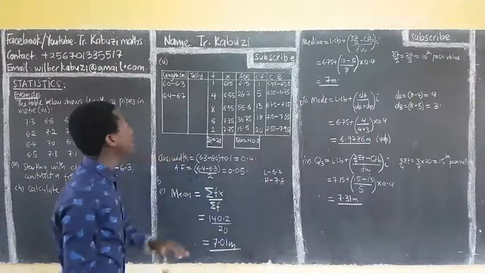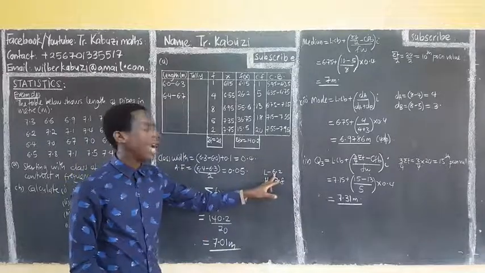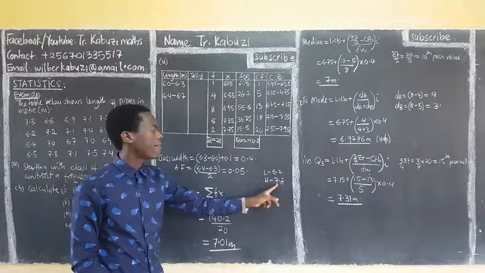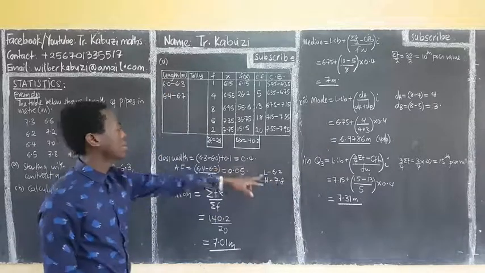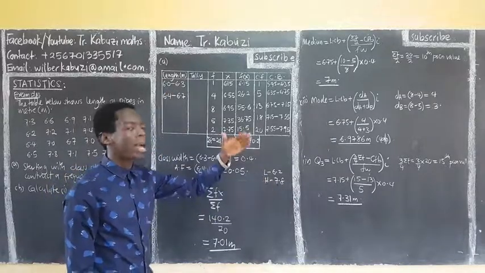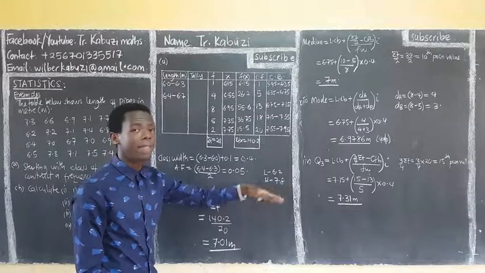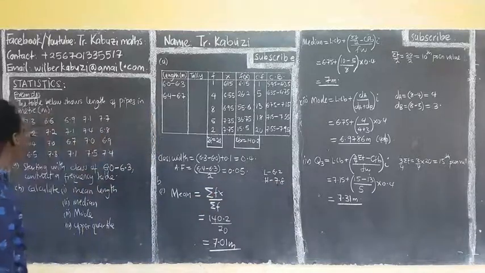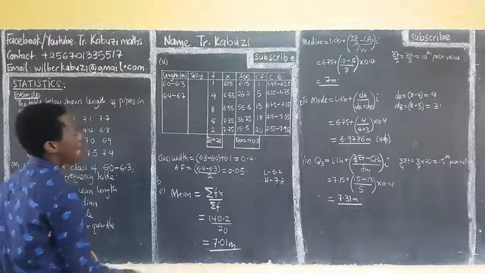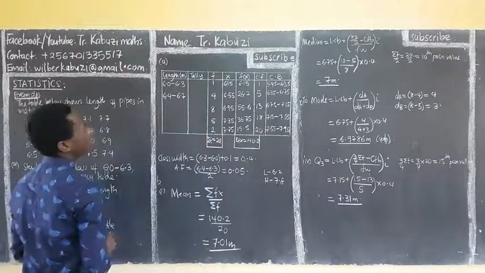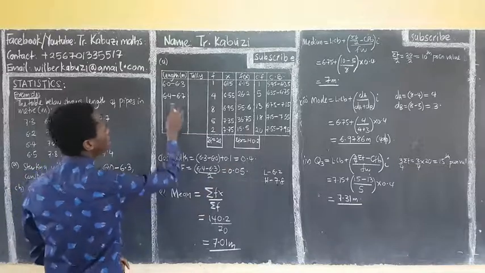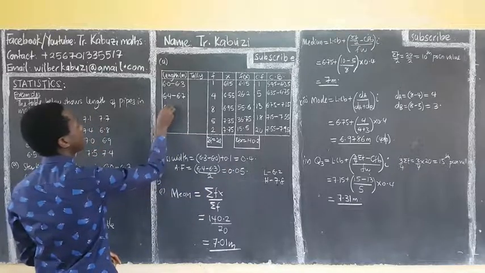Now, your classes should cover the lowest, and the last class should cover the highest length in these values. So I've not yet reached the class covering this. I add 0.4 still. This will be 6.8.